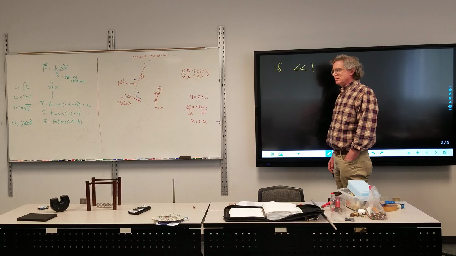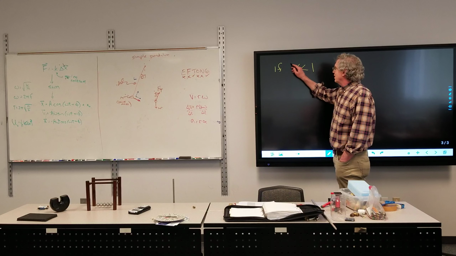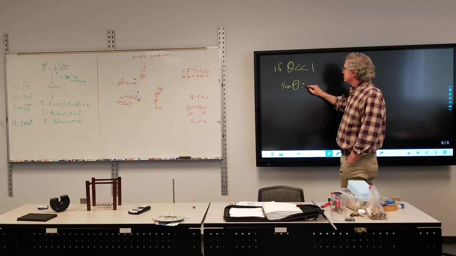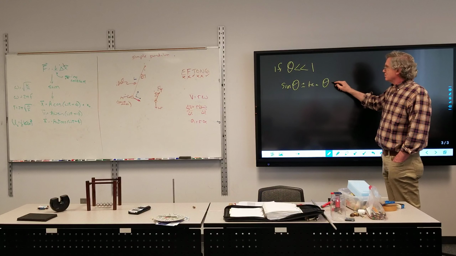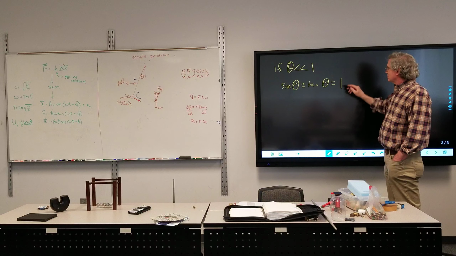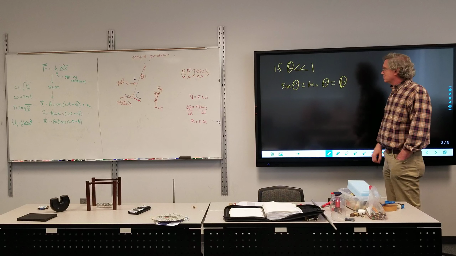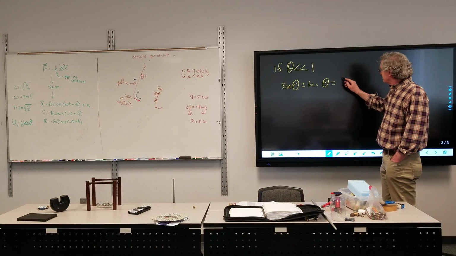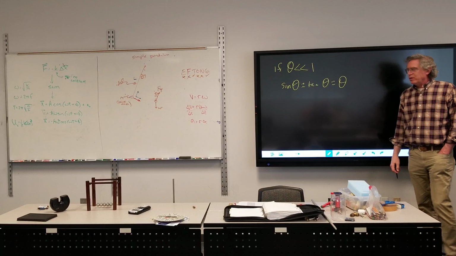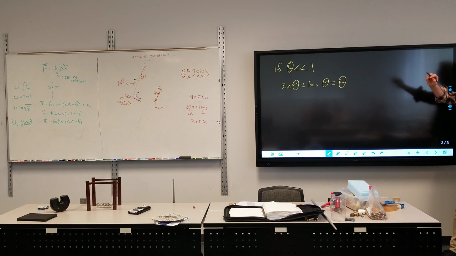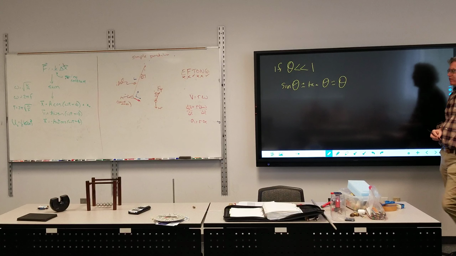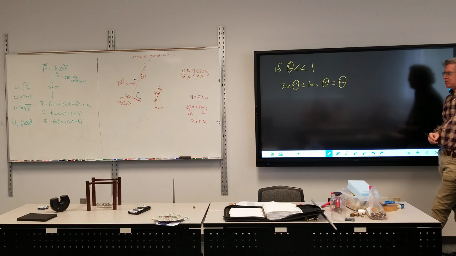Sine of theta is approximately the tangent of theta, approximately theta. So if theta is small, notice there are no units after the 1, so we're talking about radians here. So if theta is much less than 1, then sine of theta is approximately equal to the tangent of theta, which is approximately equal to theta.